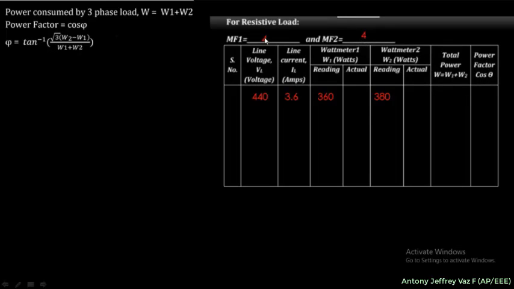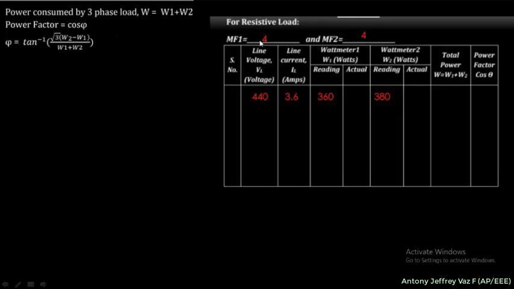The multiplication factor is referred to as the scale multiplication factor. In a wattmeter, the scale is from 0 to 600, but the input power will be higher. To get higher ranges, they multiply the scale by 4, or by 2, or by 3.